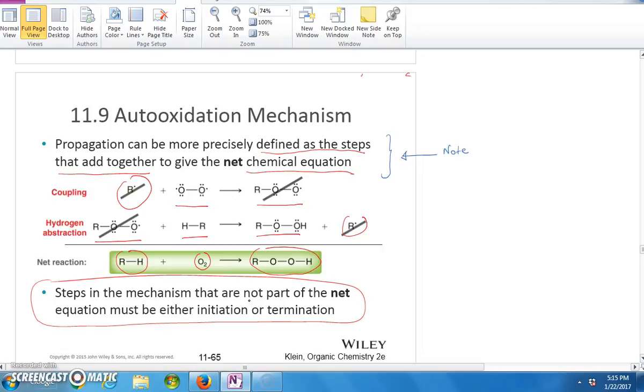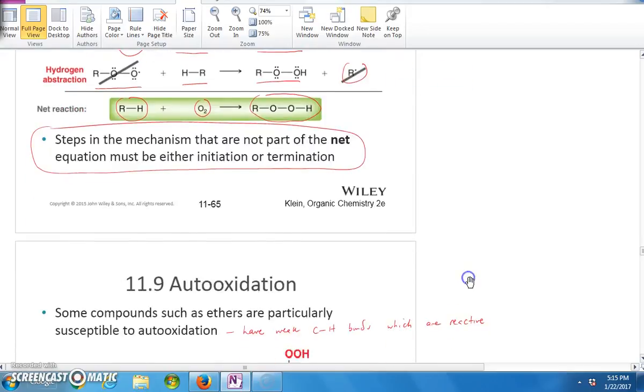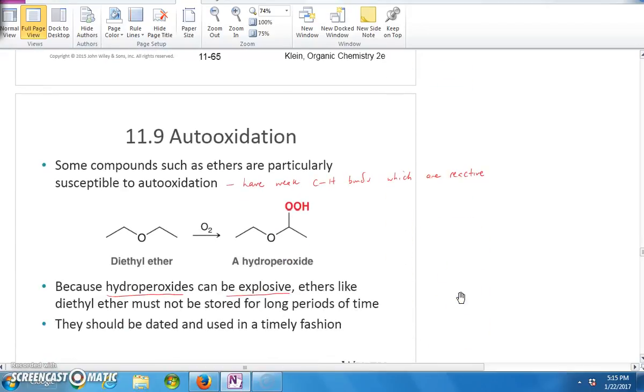The net chemical reaction is always obtained from the propagation steps, and that's why you can see here that the net reaction is only obtained from the two propagation steps, of which one looks like a coupling and the other one is a hydrogen abstraction.